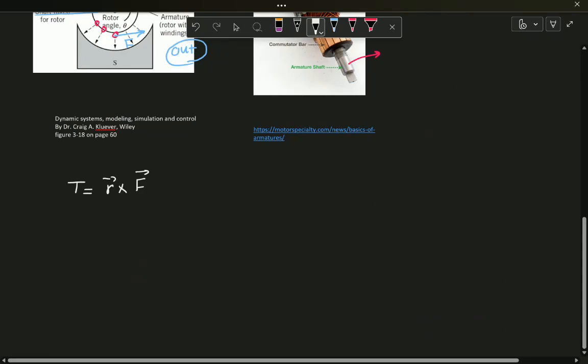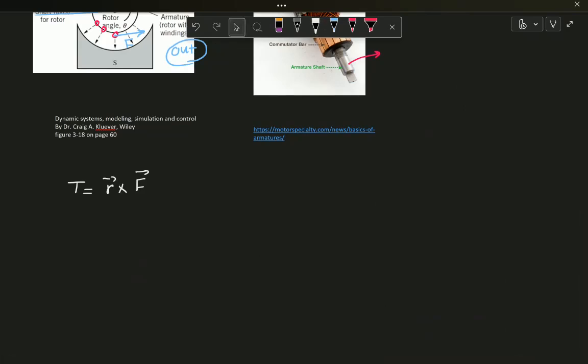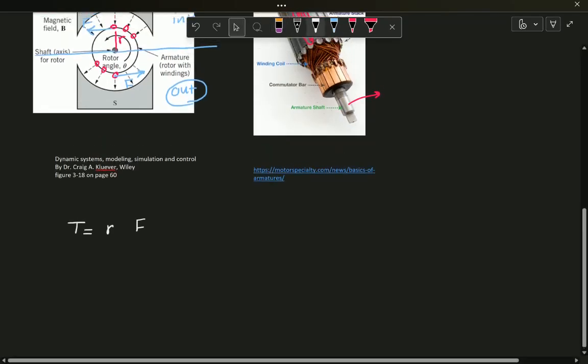And since the radius and the force are perpendicular to each other, I can reduce the cross product to a simple product, so RF. And this is just for one wire. Now, let's go ahead and substitute for F, the force, from the second law.